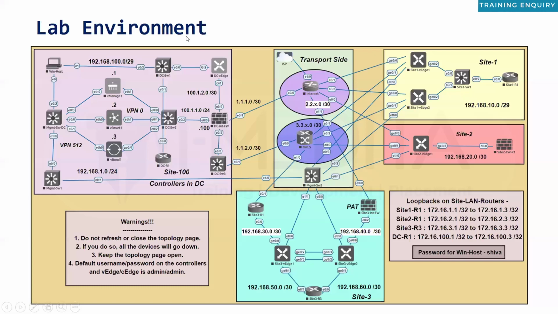If you look at this topology, it is a pretty simple topology, and it also has everything that we need to complete this training, including DIA and everything. If you focus on this topology, it has the control components right there. We have one vManage, one vSmart, one vBond.